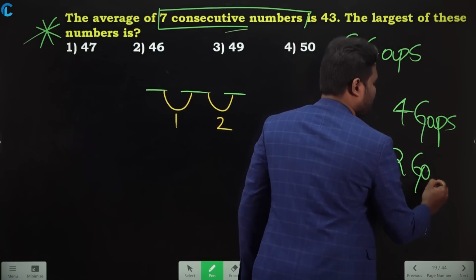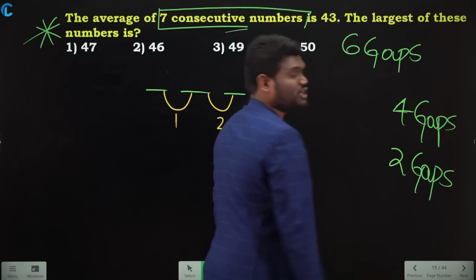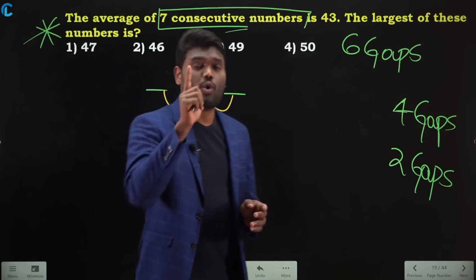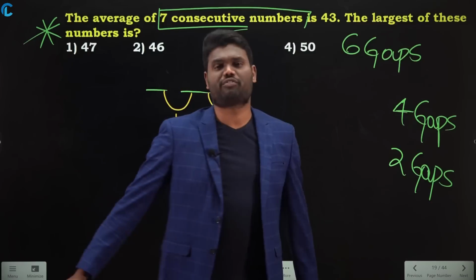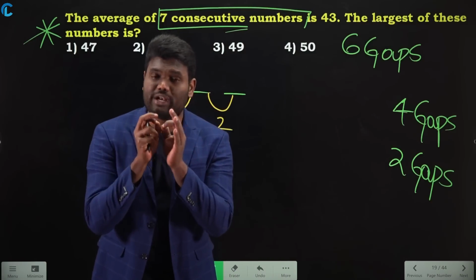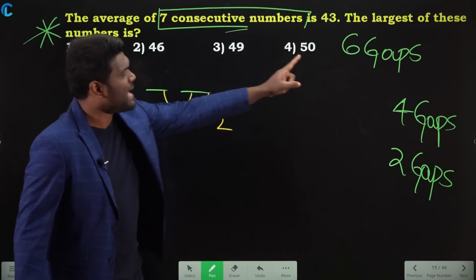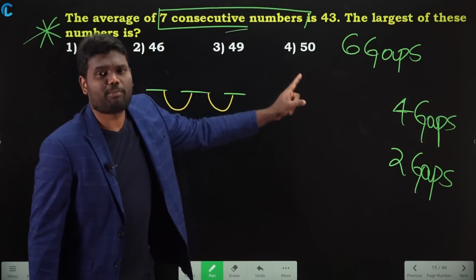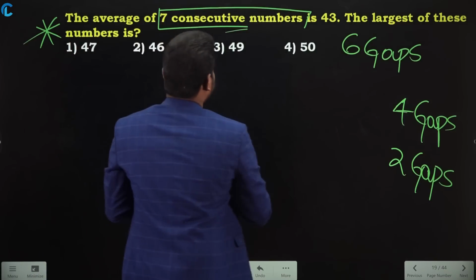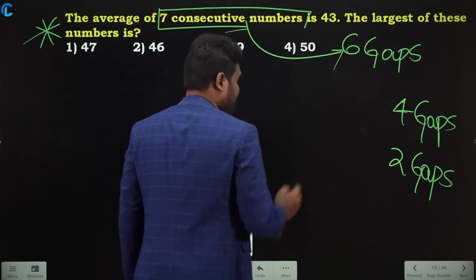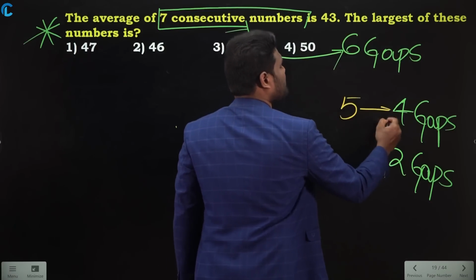So from this what I can say is that the number of gaps is always 1 less than the number of numbers. This is a very important point. If you have 7 numbers, the number of gaps will be 6. If you have 5 numbers, 4.